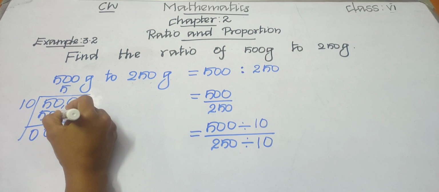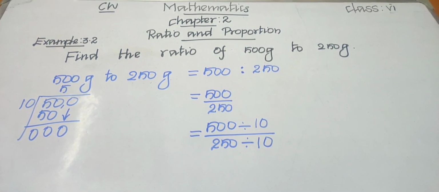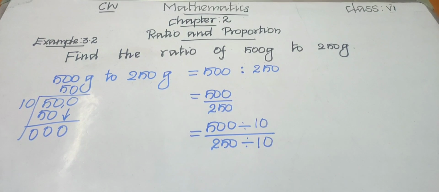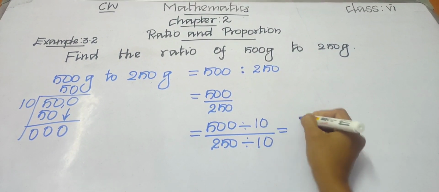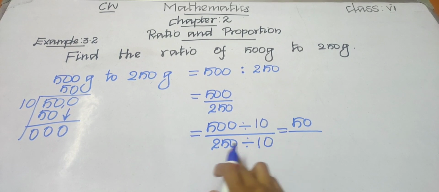Now bring down the 0. We can't do anything, so we put 0 in the quotient. So we got 50 as the answer. Write 50 in the numerator.